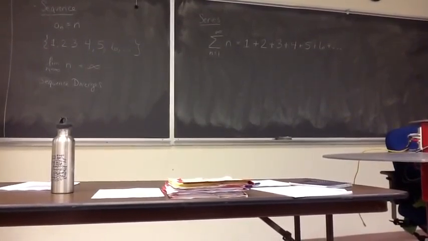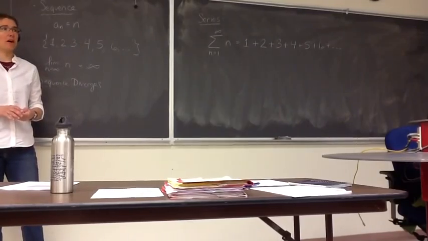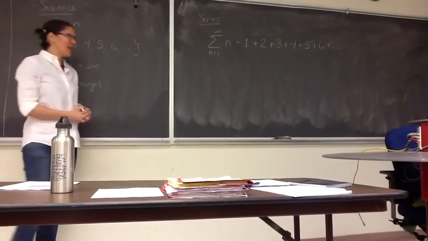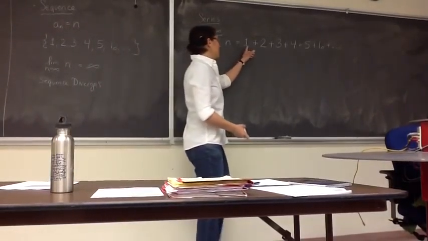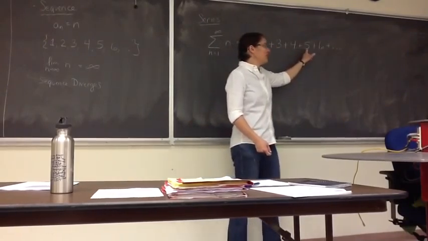For those of you that believe this series diverges, does anybody have a reason why you think this series diverges? Can you explain why? Okay, yeah. As we add more and more terms, here we've got 1 plus 2 is 3, plus 3 is 6, plus 4 is 10, 15, 21.